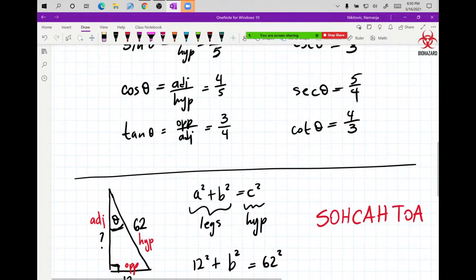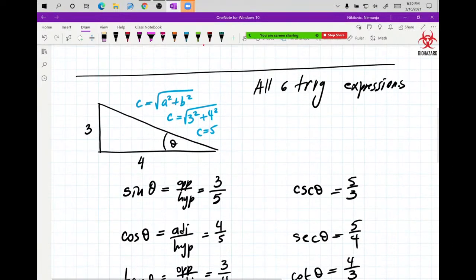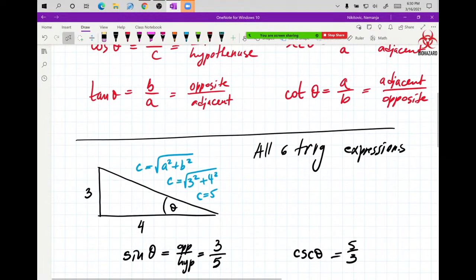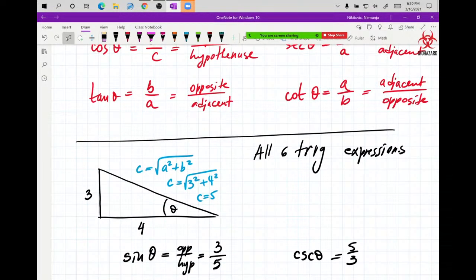So those are our basics, guys. You have your right triangles, and the two shorter sides are always called legs, and it doesn't matter which one you label A and which one you label B, because only one of them will be touching the angle, and that's going to be adjacent. So we only care about adjacent, opposite, hypotenuse.